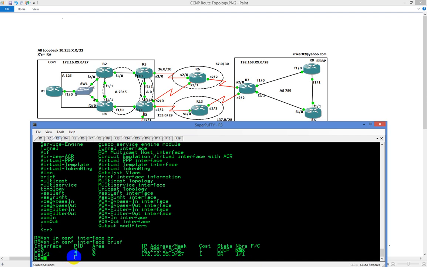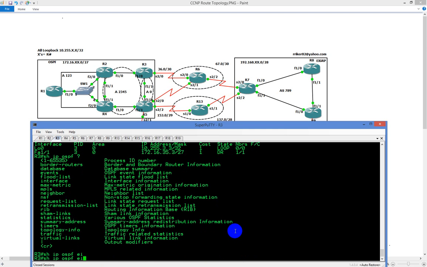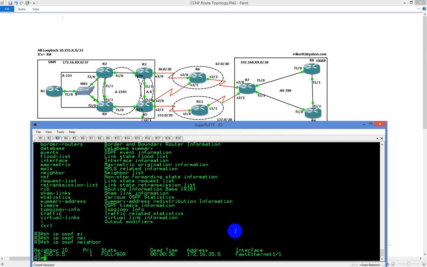Now on fast 1/1, we're process 3, area 0. This is the subnet range that I'm peering with, cost of 1, and we are the DR, and we have 1 neighbor that's fully connected. That's what that means. So if we come back over here, we type in do show ip ospf neighbor, and we're going to have 1 peer. We have 10.255.5.5, which is the neighbor ID.